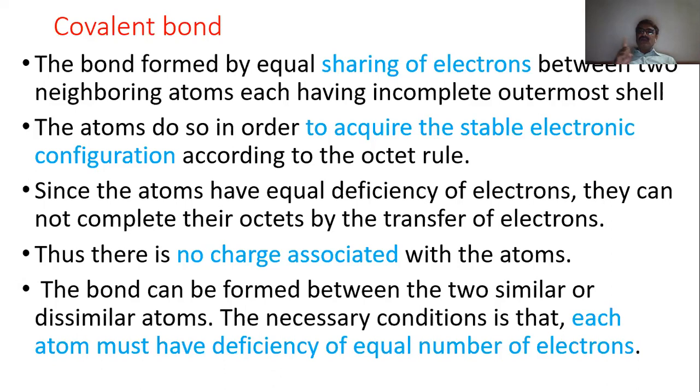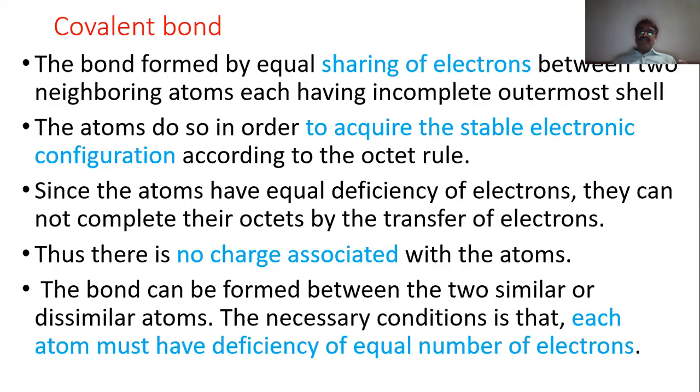So in order to complete its octet and make its electronic configuration stable, one electron from sodium transfers to the chlorine atom, and the sodium atom becomes a sodium ion, and the chlorine atom becomes a negative chloride ion, and the bond is formed.